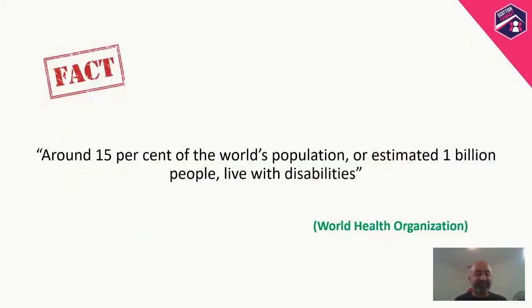As per statistics from the World Health Organization, almost 15% of the world's population have some sort of disability. And by the way, if you check a search engine about these statistics, this is the most conservative statistic which I have picked. A few statistics say the population of people who have any type of disability might be more than 15%.